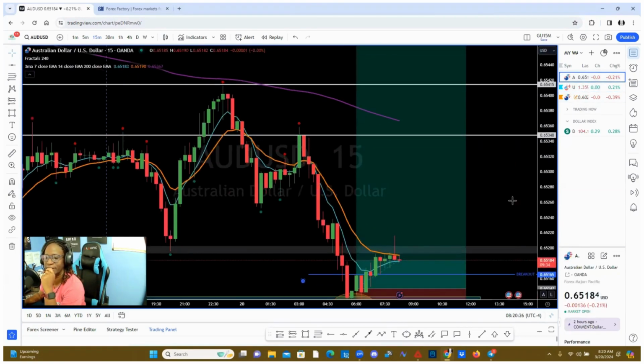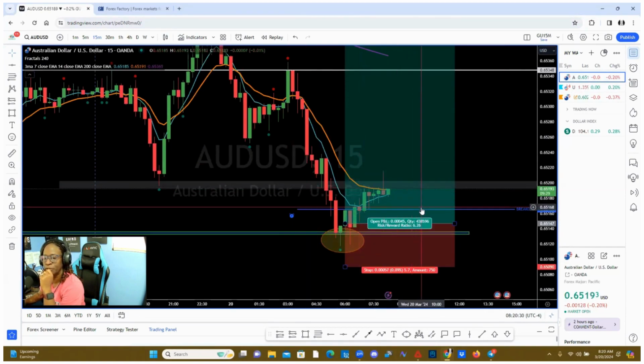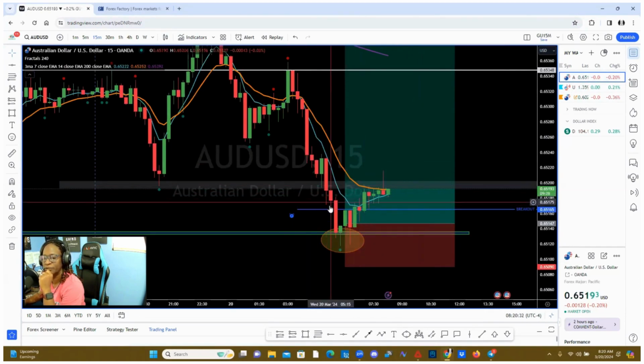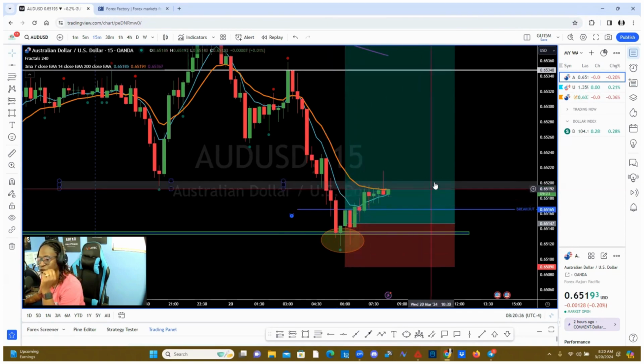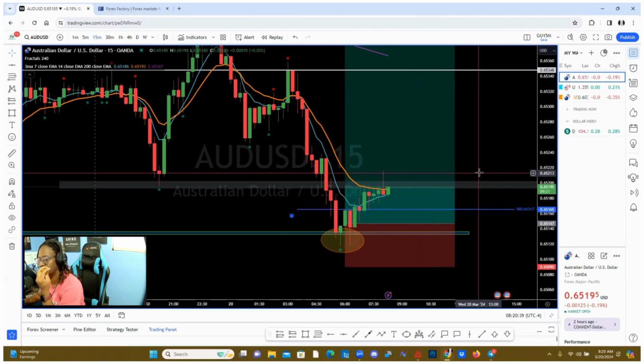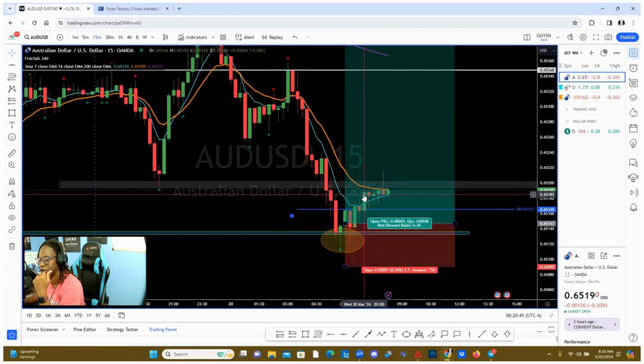The odd, I don't like the odd rejection of this area. But we're still above these areas of resistance now acting as support. So now we could be preparing for, because they will try to mitigate the resistance, but we don't know if it will hold.